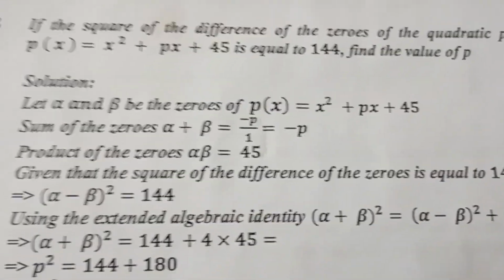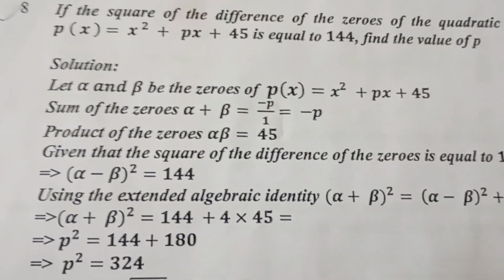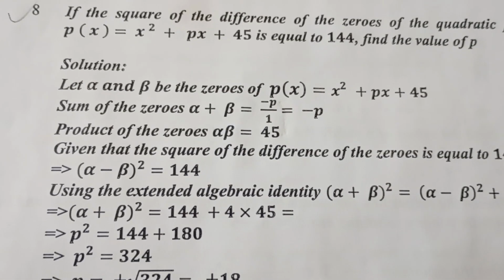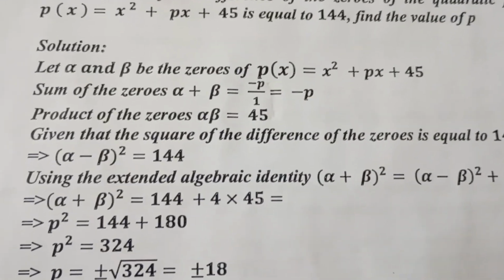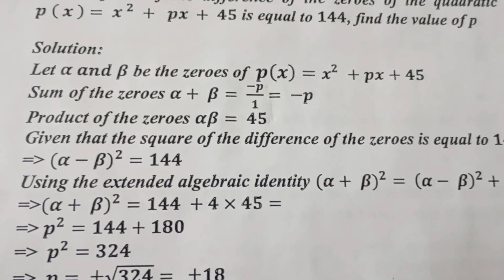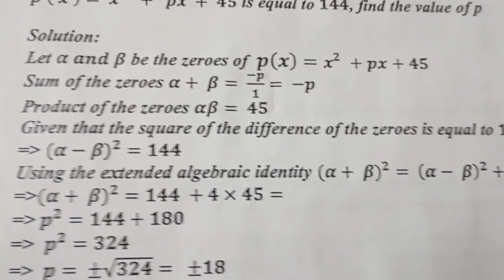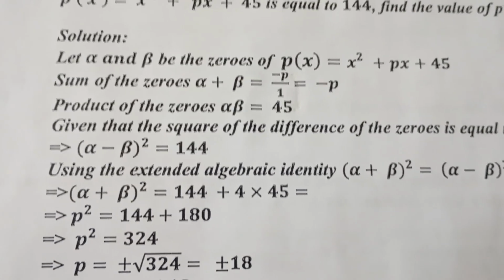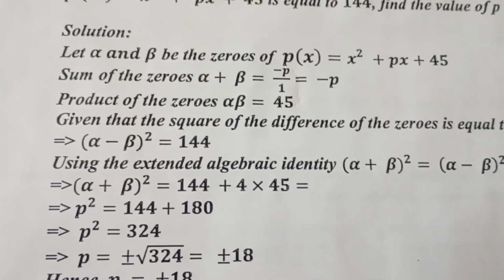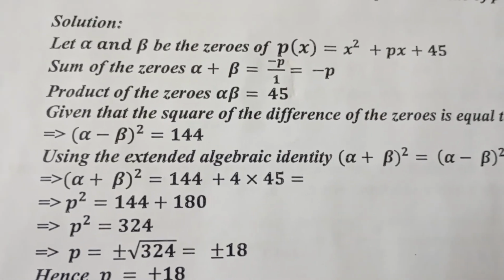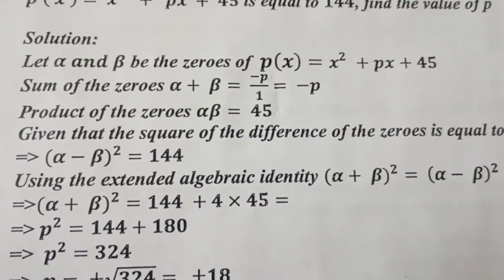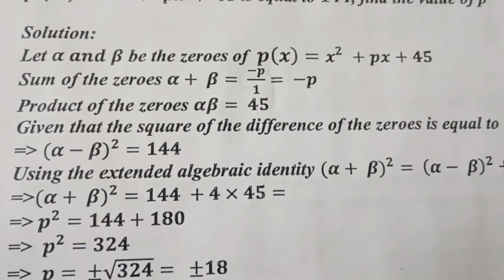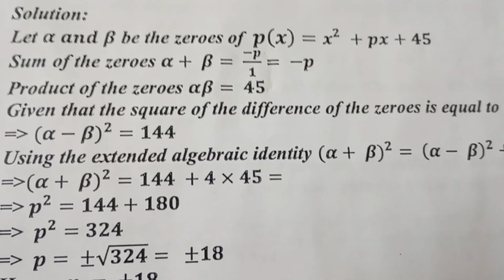Now see, let us assume alpha and beta be the zeros of p of x is equal to x squared plus px plus 45. Of course, we know the relationship between the sum of the zeros and the coefficients of the polynomial. We know that alpha plus beta is equal to minus b by a.